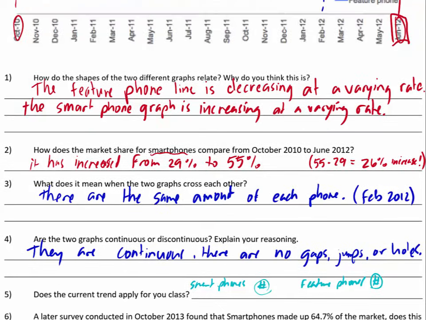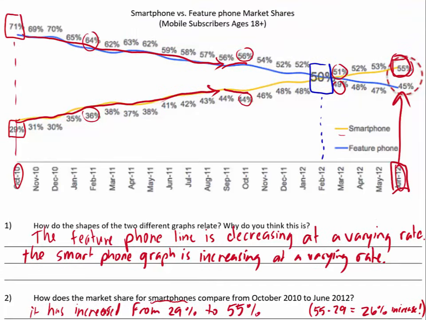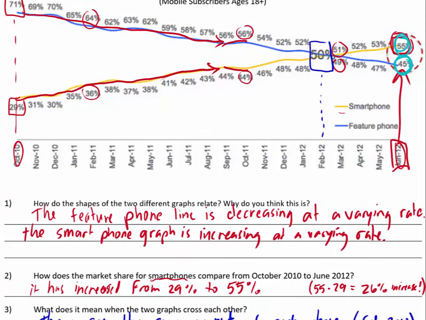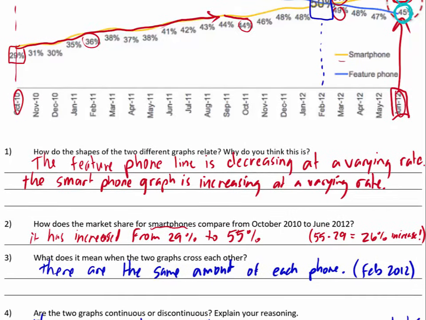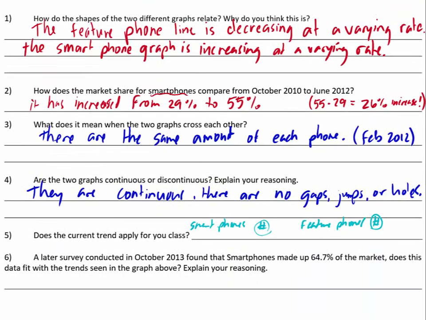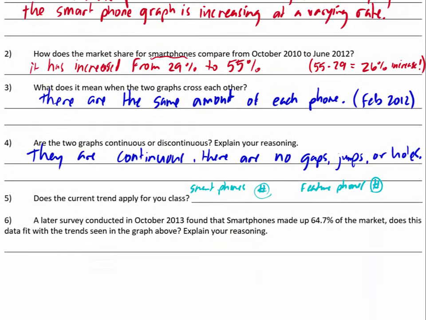Okay? And in 2012, there were just a few more smartphones here than there were feature phones. So in your class, are there just a few more smartphones than feature phones, or are there a lot more smartphones than feature phones? And that's something that you can do to compare what has happened in the past to what is currently happening in your lives. And it's kind of fun.